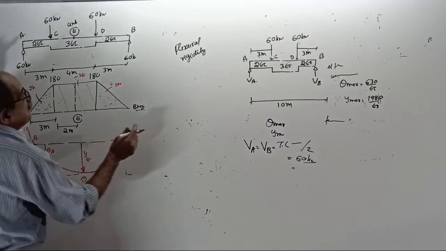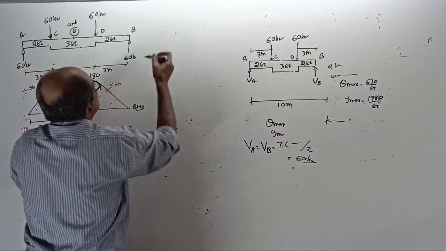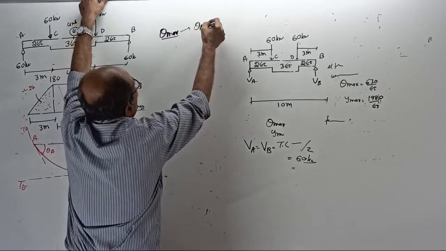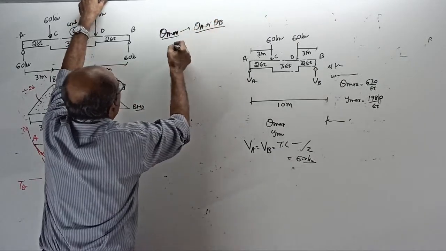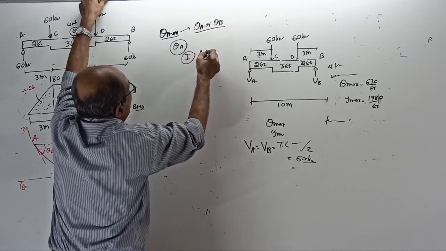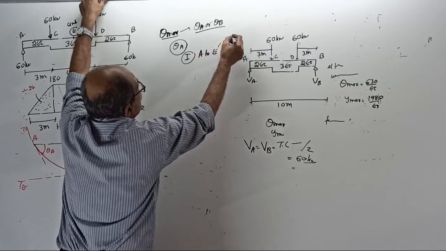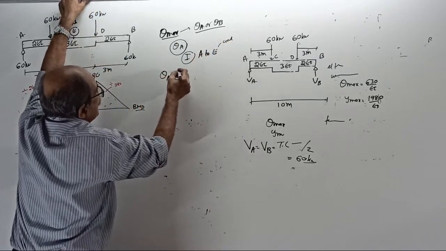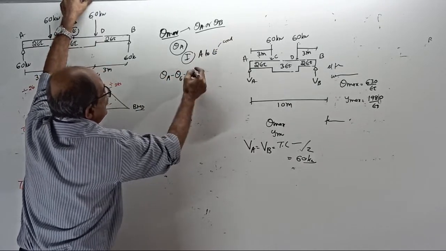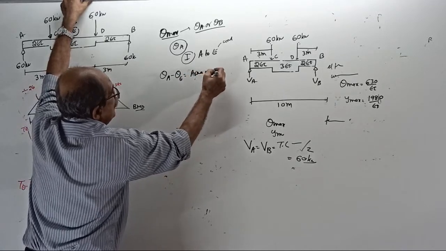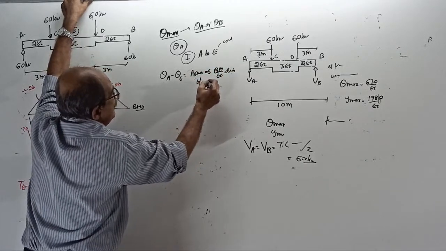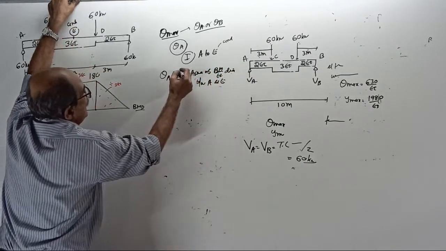Then, first, I want to get theta maximum. As usual, either theta A or theta B, both are equal. Find theta A. Use the first theorem from A to center. Theta A minus theta E equal to area of the BM by EI diagram between A and E. Theta E equal to 0.